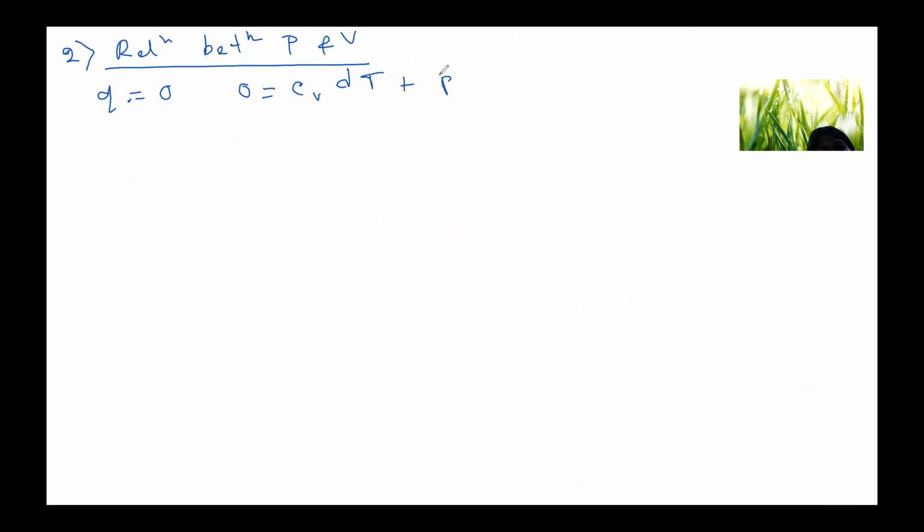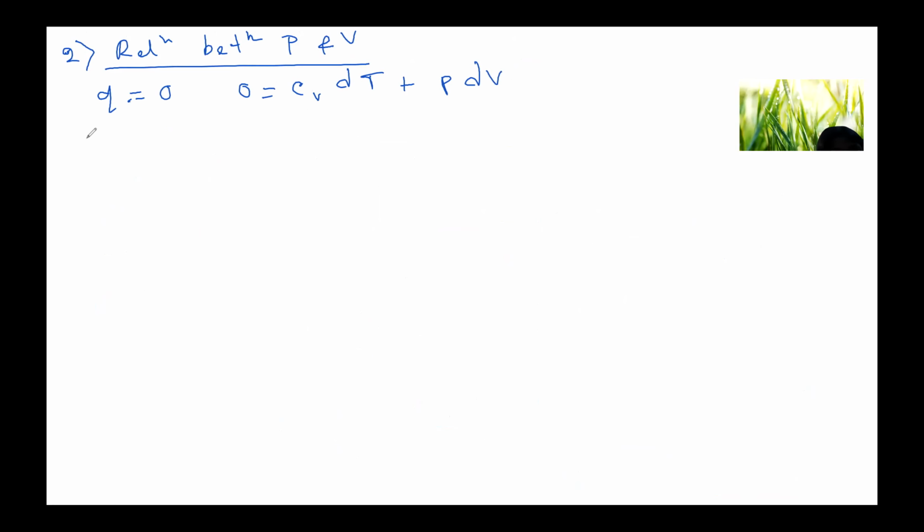Next, go to the relation between P and V. Similar to before, we already know that Q equals 0 for an adiabatic process. So 0 will be equal to Cv dT plus P dV.